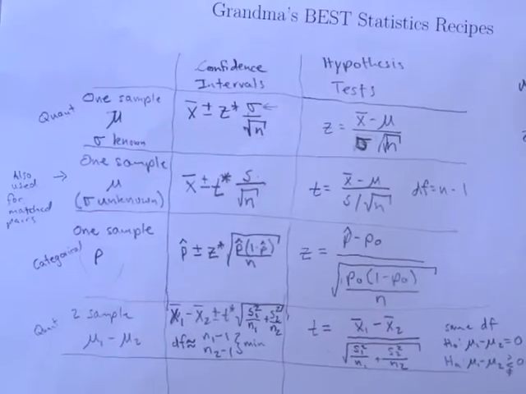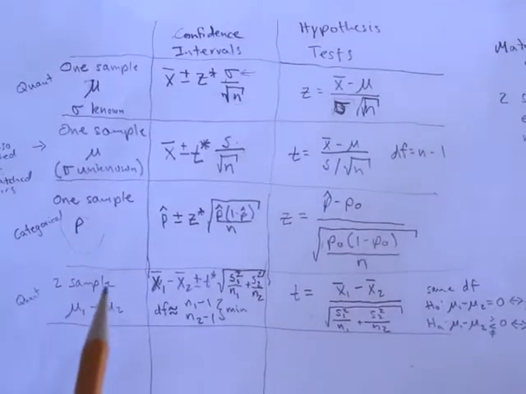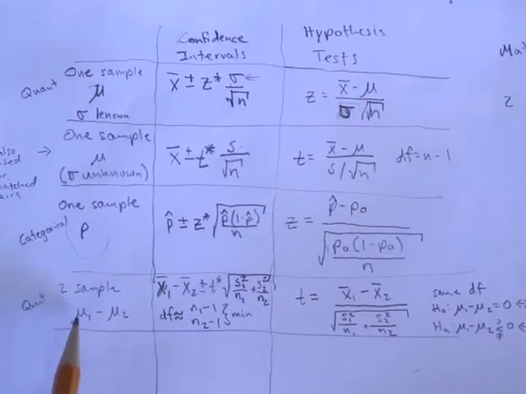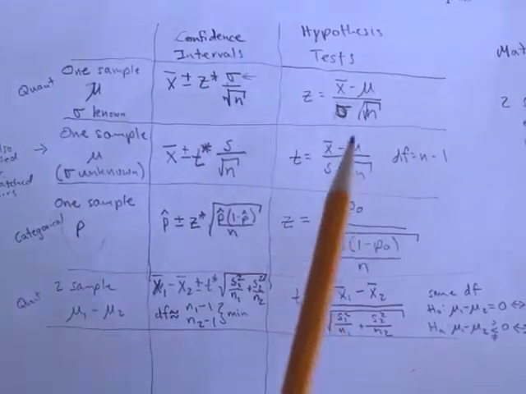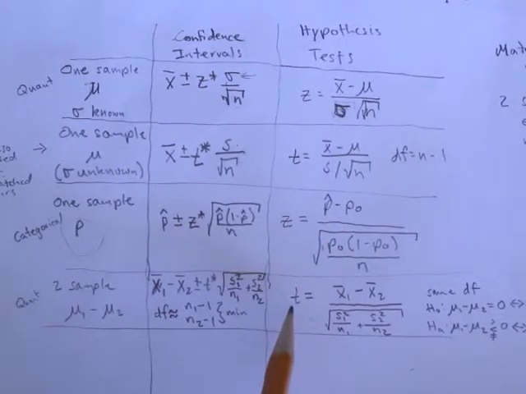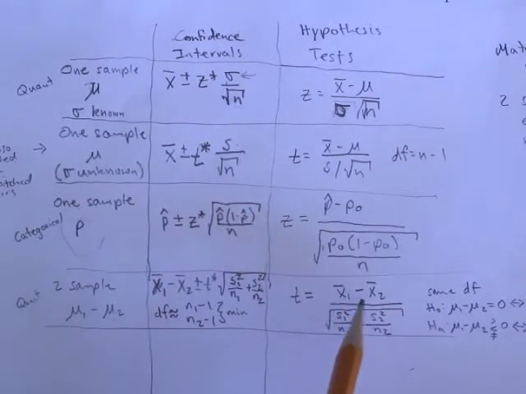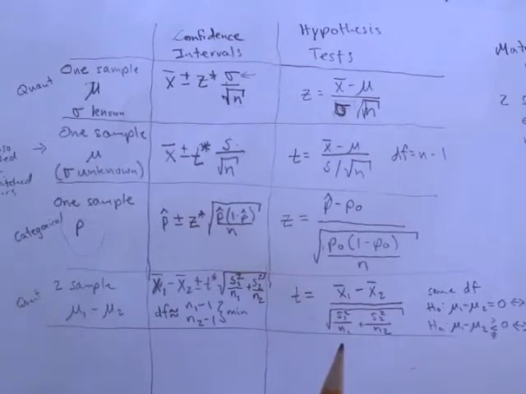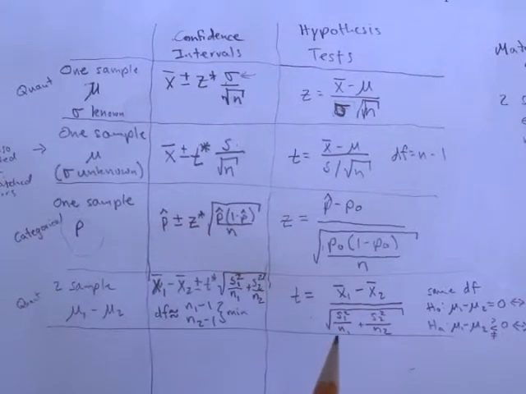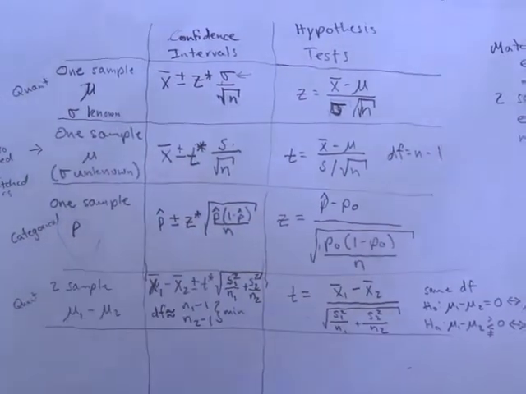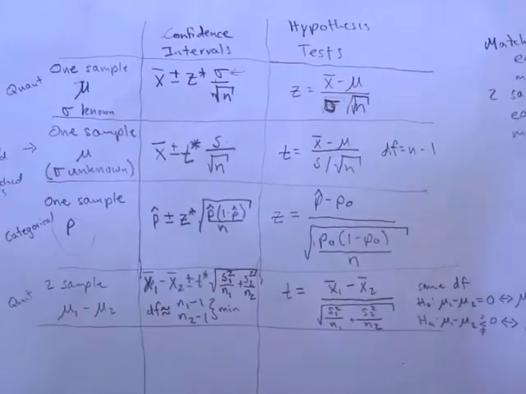The 2-sample test, hopefully you got this formula from the online work. The formula is for 2 samples, when you're comparing 2 means, for a hypothesis test, you're calculating t is equal to x1 bar minus x2 bar, all divided by this strange looking square root that does have the standard deviation squared.